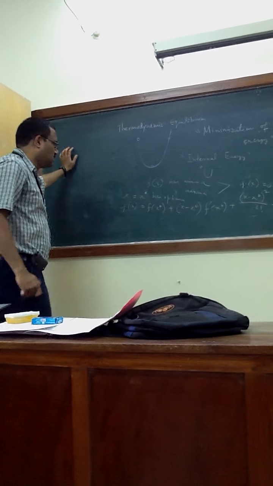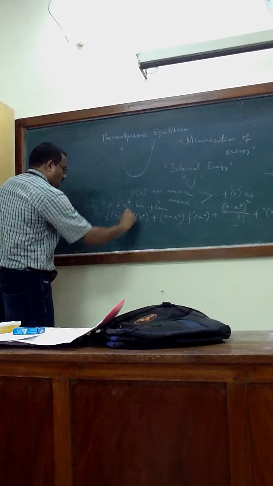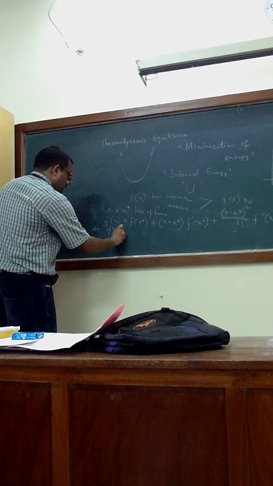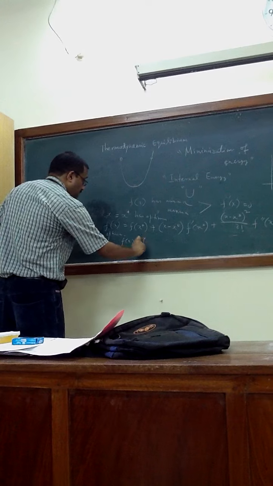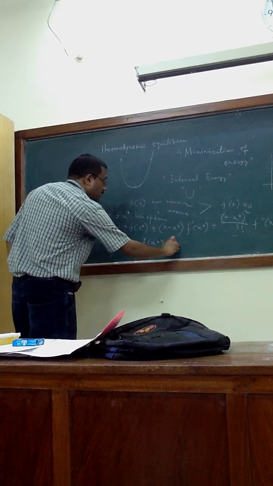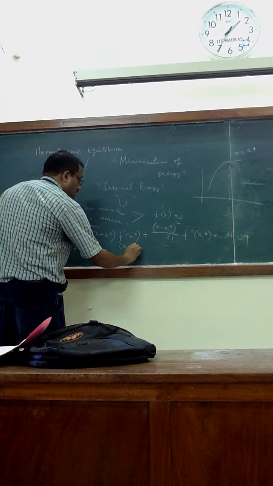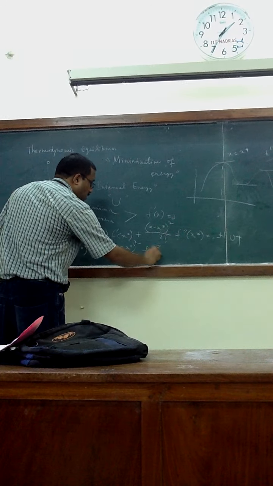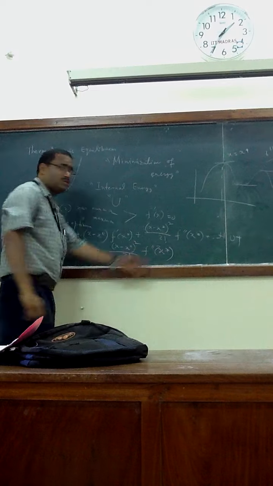That means at the optimal situation, f(x) minus f(x*) will be (x minus x*) whole square by 2 factorial f''(x*), not considering higher order terms.